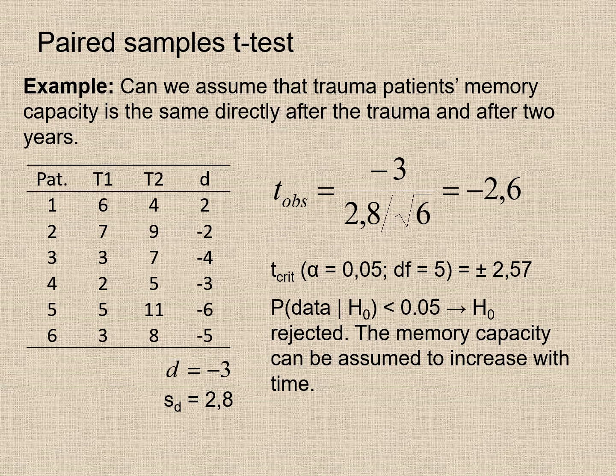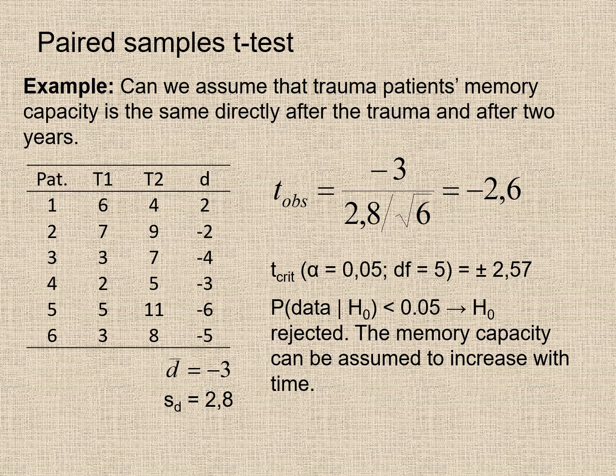If we calculate the mean value on this difference variable, we get a value of -3. So this means that we have an average increase in the working memory capacity by 3 points. And the standard deviation on this difference variable is 2.8.